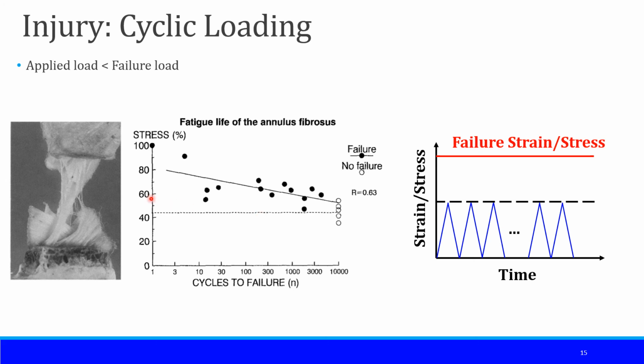For example, if you apply 60% of the critical threshold, it will cause damage or rupture in the tissue after 1000 cycles. So if you apply sub-failure loading cyclically long enough, this will cause injury in the tissue. So overusing the spine also can cause a biomechanical injury.